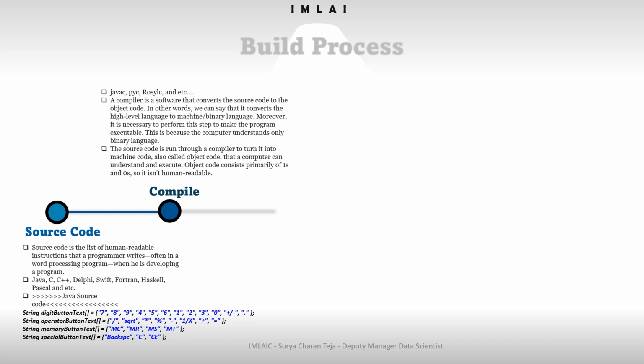Once the code is compiled, next we will go for the tests. Unit tests are conducted by developers and test a unit of code, a module or a specific component.